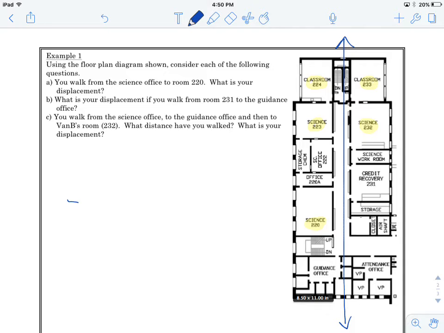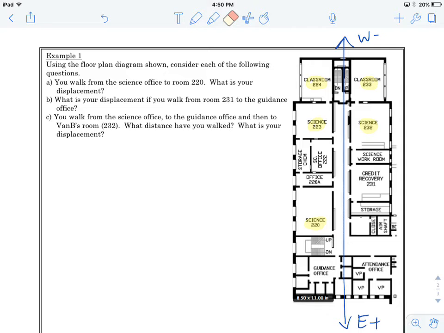Okay, so we're going to say that this is east down here. This is plus. This is west. This is negative. All right. So we have a position, a coordinate system, which is good. We always need to start that.